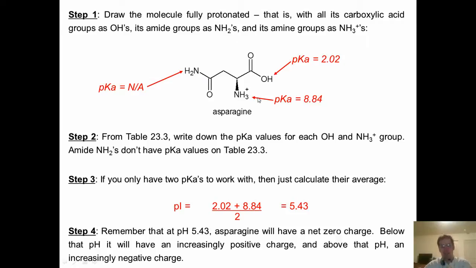Below that pH, we'll start to see OHs, or the O- getting protonated. So we'll start to see it look like this form. It will have a net positive charge. Above that pH, we'll start to see more and more NH3+ get deprotonated to give neutral NH2s, with O- being here, giving us a net -1 charge.